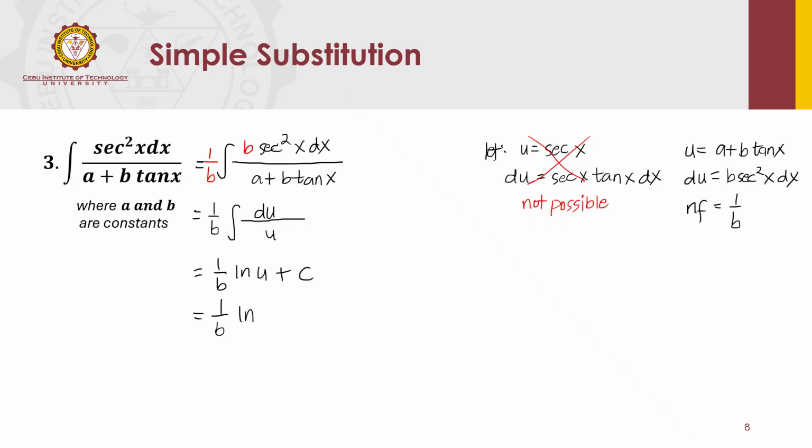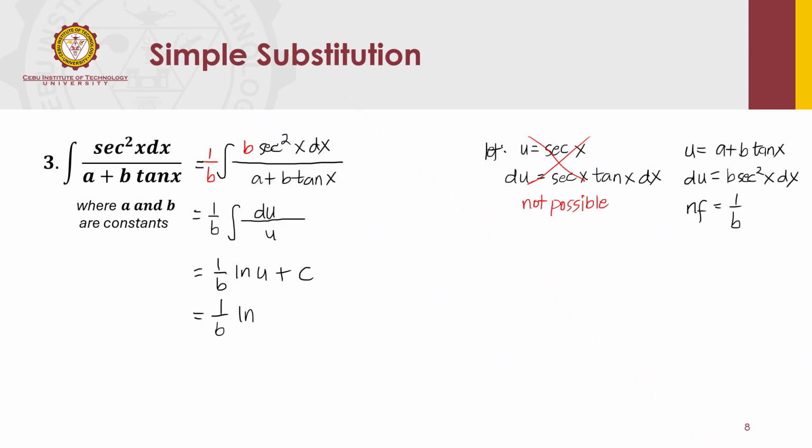Okay, so other books would put absolute value symbols for u after the ln notation because you cannot get a natural log of a negative number. So here, there is no need to put them. But take note that if the u has two or more terms, you need to enclose them with a grouping symbol.